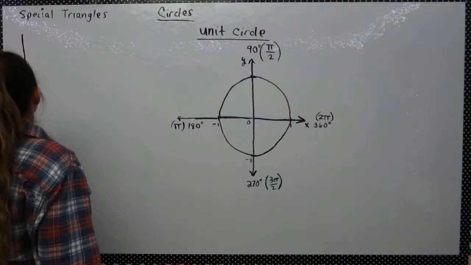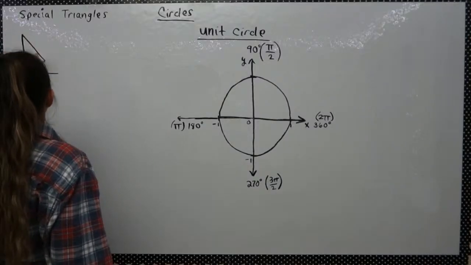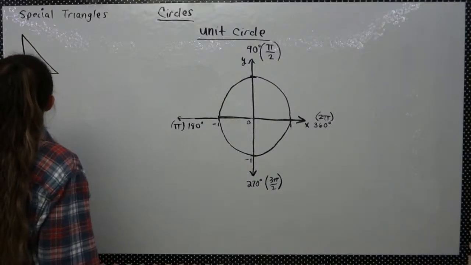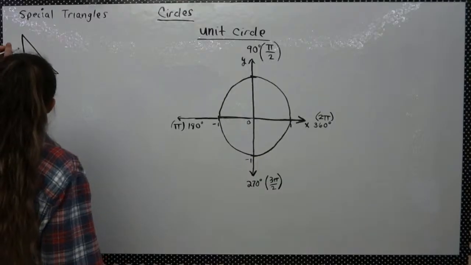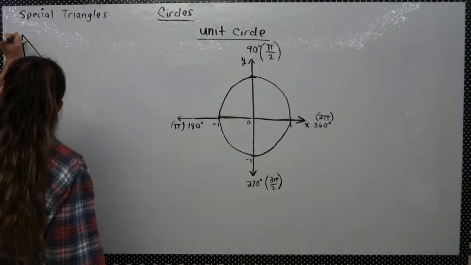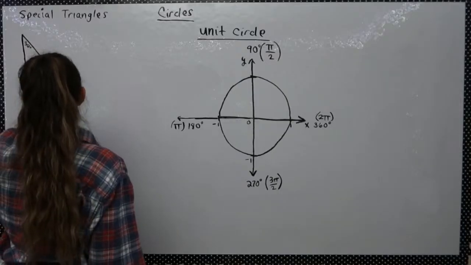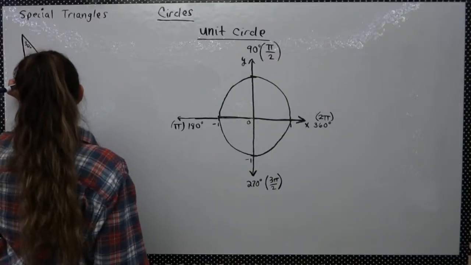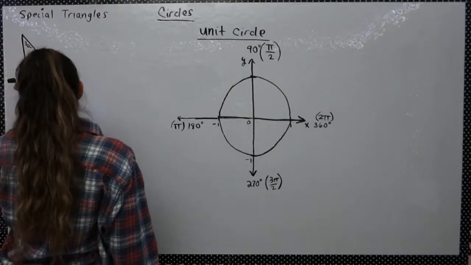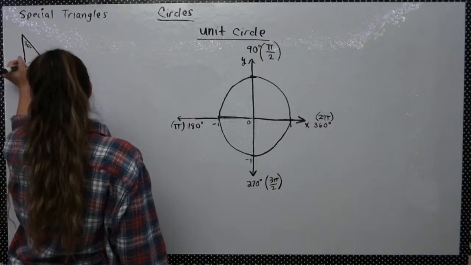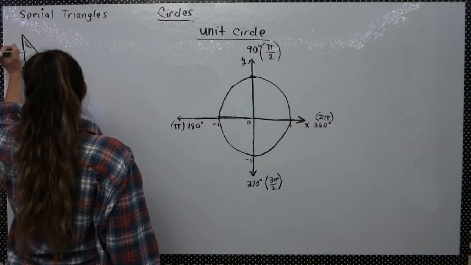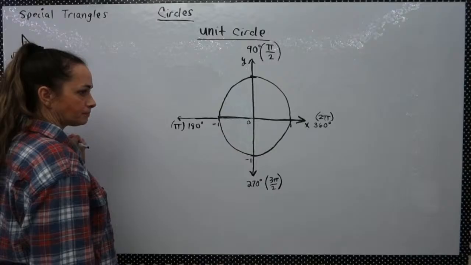It's a 30, 60, 90. And so we'll make this one a 30, 60, 90. And then the special relationship is 1, radical 3, with a hypotenuse of 2.